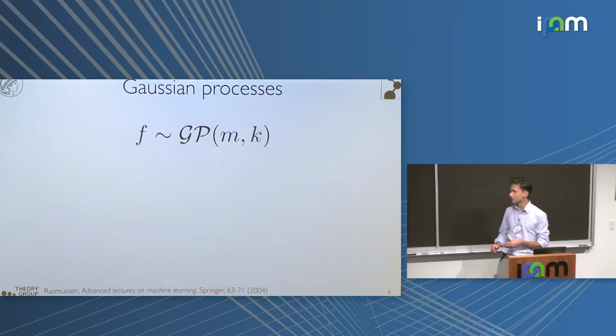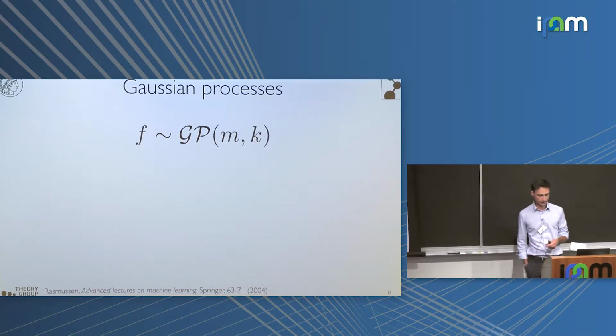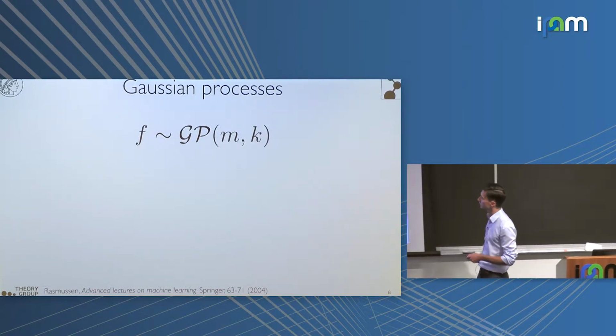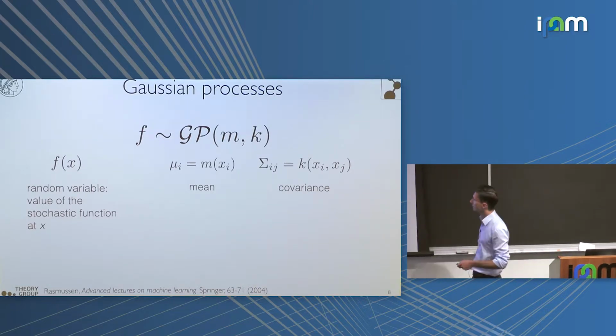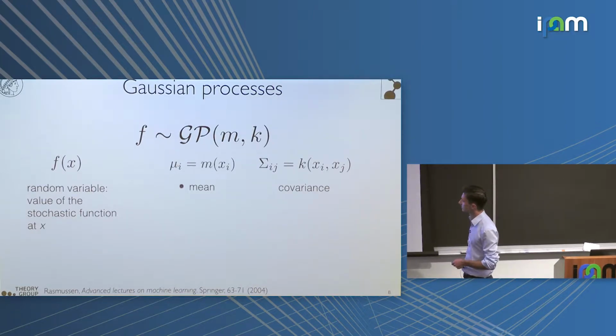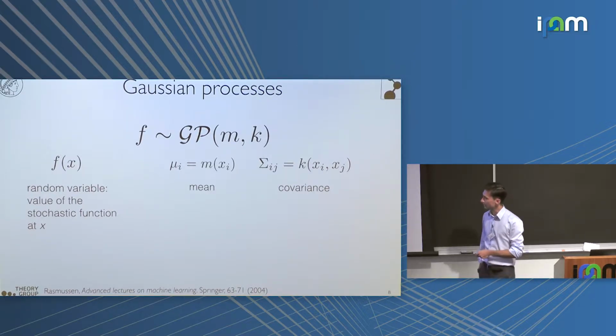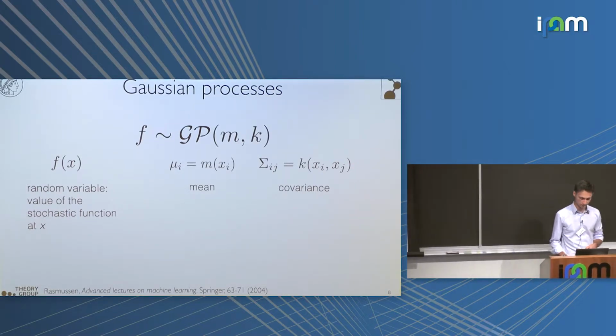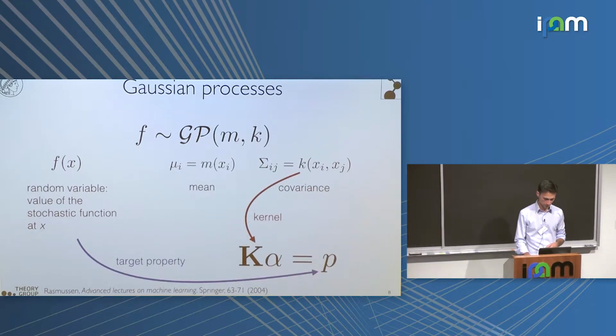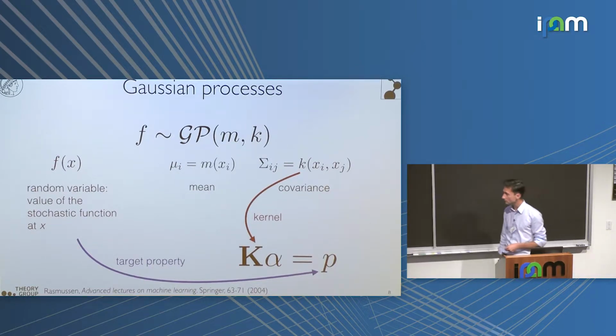This is standard in Gaussian processes. If you try to make a prediction using Gaussian processes, this is typically taken as a function of a mean and a covariance. This covariance is your kernel. These two ingredients then form your random variable, the prediction for your function value.